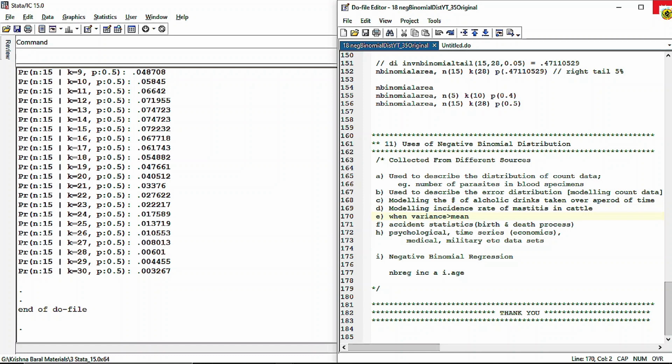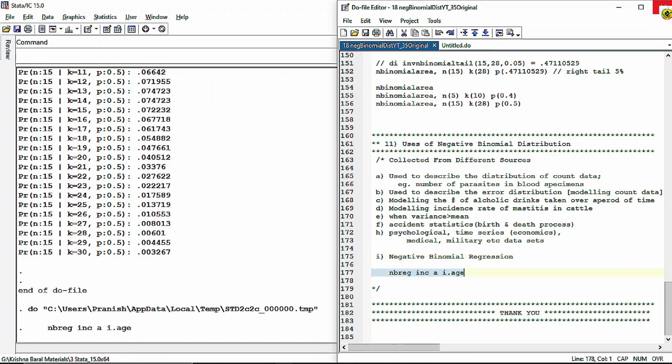And when the variance is greater than mean, negative binomial distribution is the appropriate distribution to explain it. And for accident statistics like birth death process in the psychological time series data of economics and medical, military, etc., we use negative binomial distribution, and this is one of the examples of negative binomial distribution.